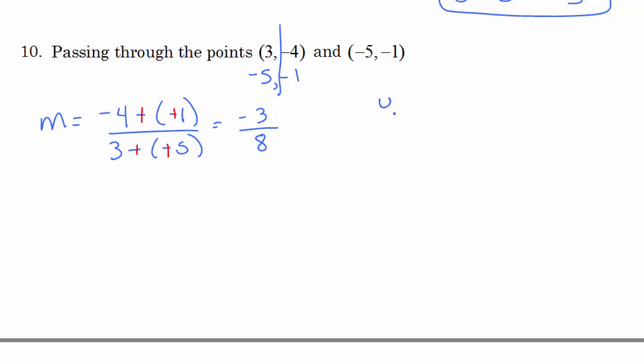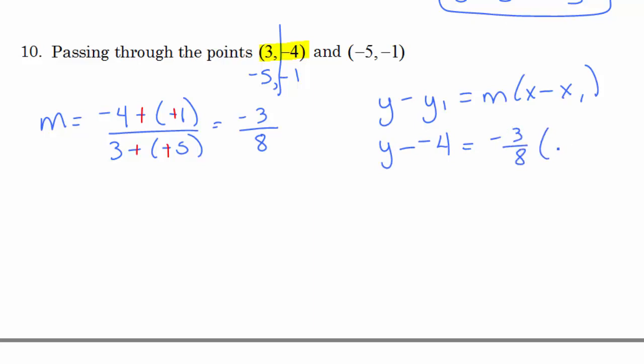There's my slope. Again, pick a point. I think this time I'll pick that one just because it has one less minus sign. Again, you could pick the other one. It doesn't matter. So I have y minus a -4 equals my slope of -3/8, then x minus 3.